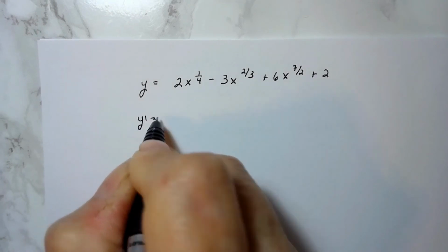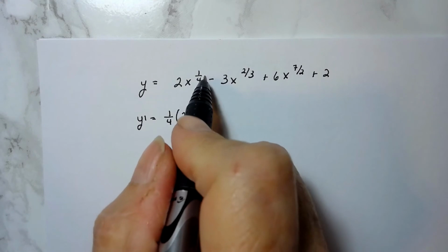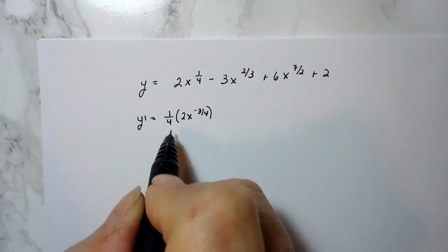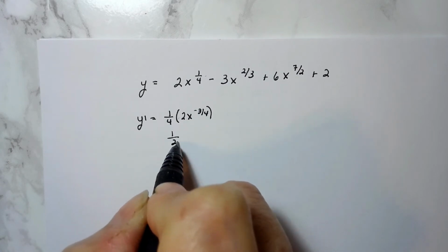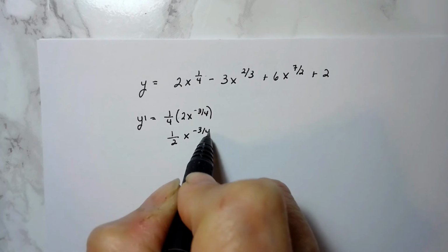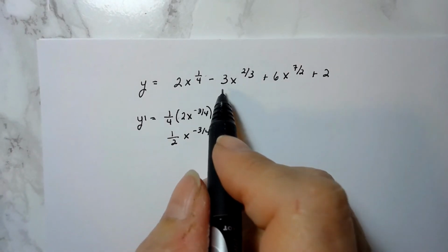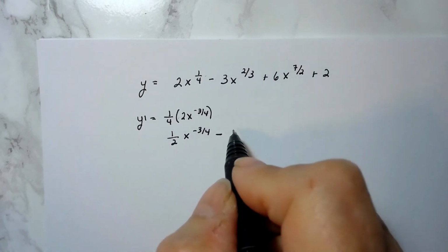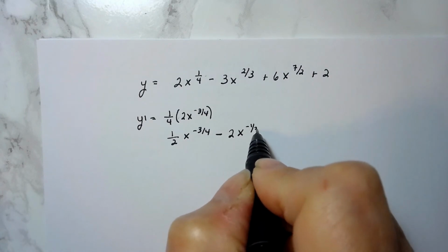So for the first term, it's 1/4 times 2x, and 1/4 minus 1 is negative 3/4. If I clean that piece up, 2 goes into itself once, it goes into 4 twice, so I've got 1/2 x to the negative 3/4, and you leave it like that. For the next term, I've got a minus, so I'm going to bring that down. I've got 3 times 2/3, which is 2, x to the 2/3 minus 1, which is negative 1/3.